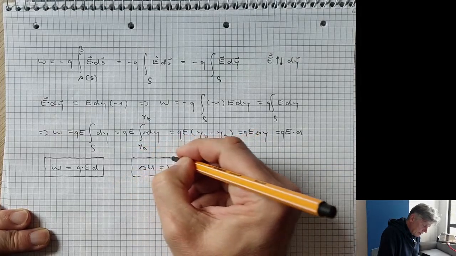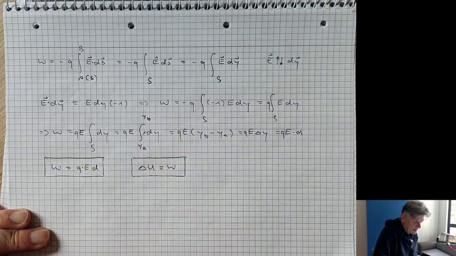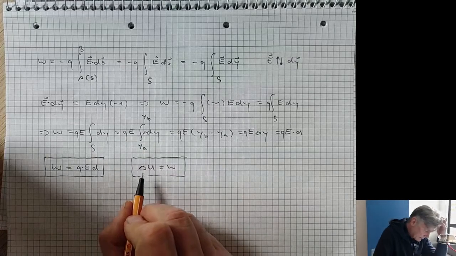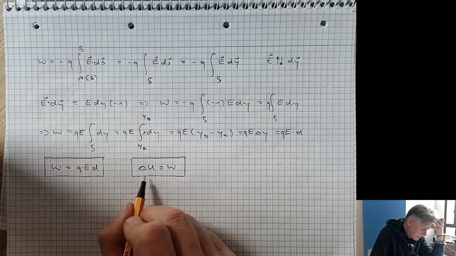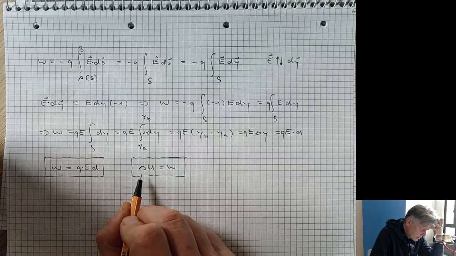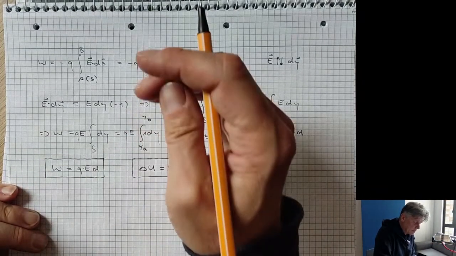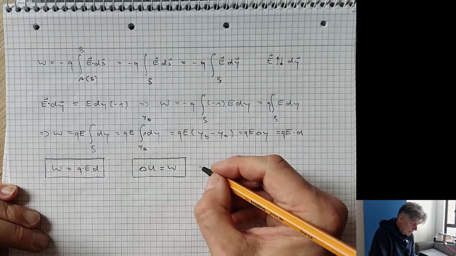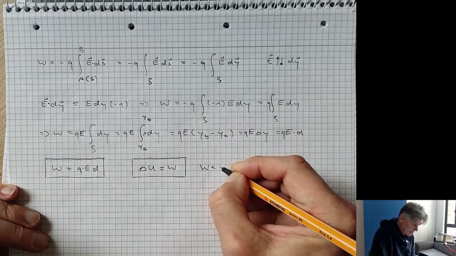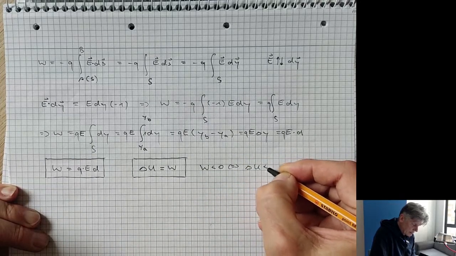So this is the change of the potential energy of a charge in an electric field when we move it against the field or with the field, right? And again, if W is negative, it's equivalent with delta U is negative, right?